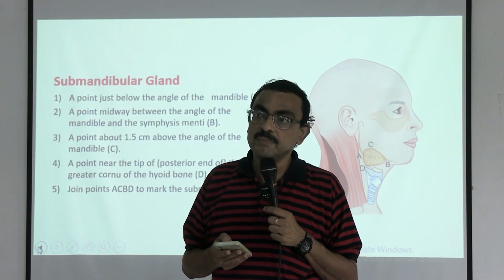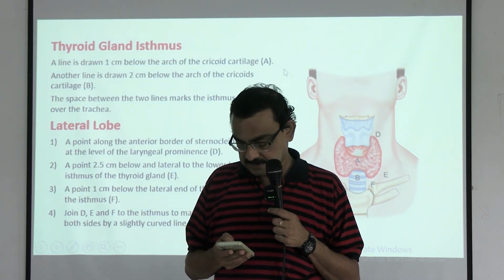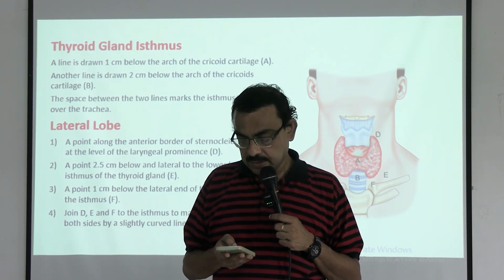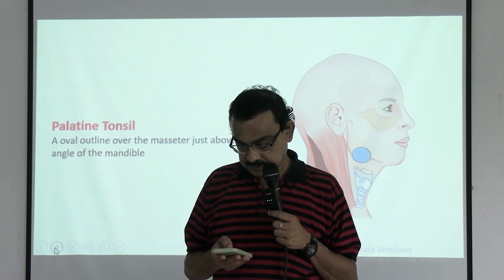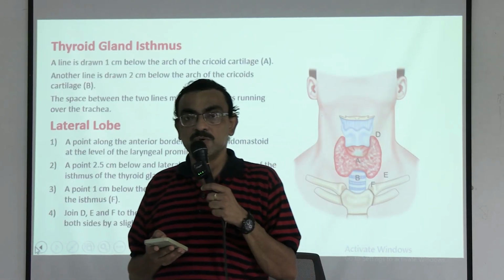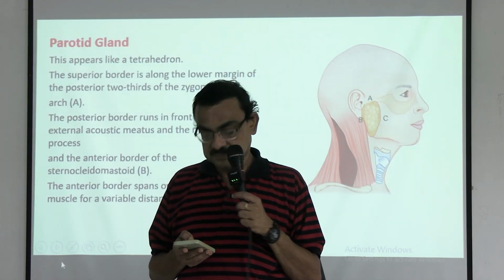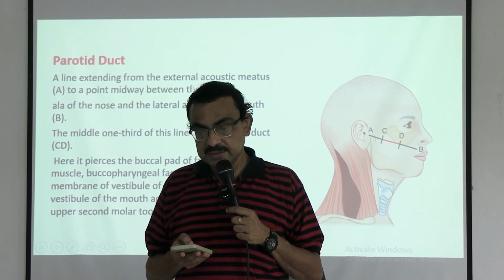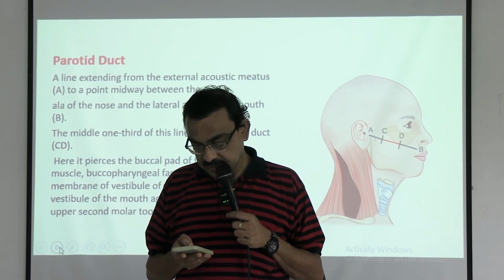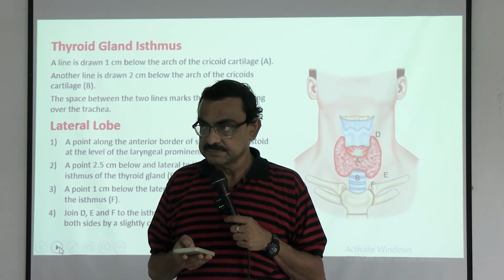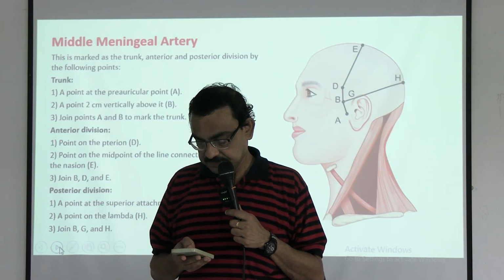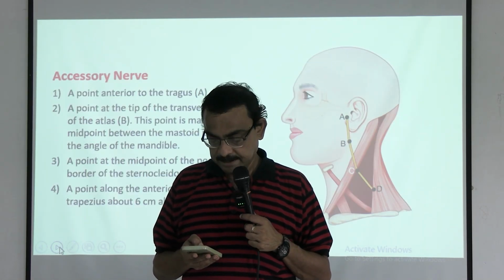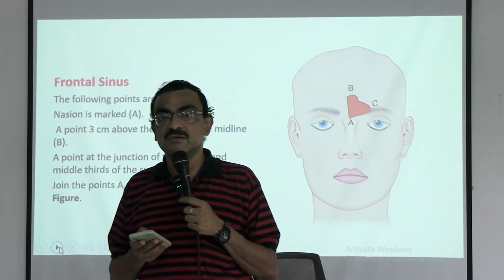Number 2, duct of parotid gland. Number 3, right frontal air sinus. Number 4, spinal accessory nerve.